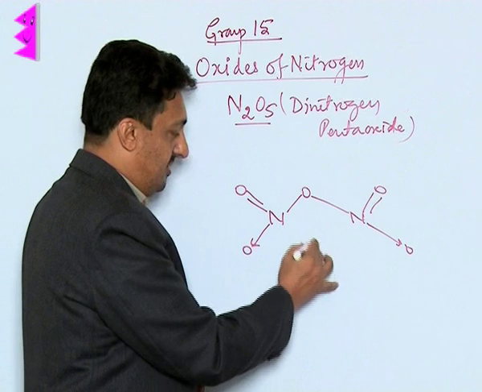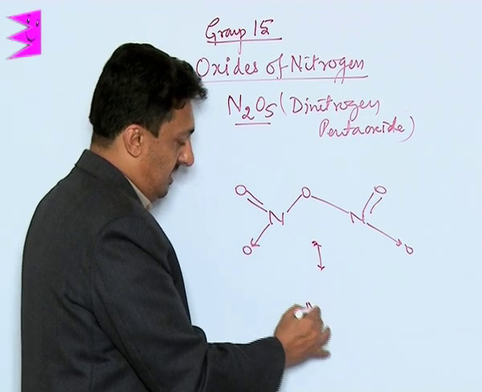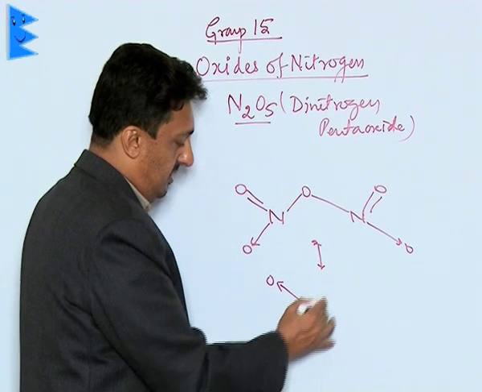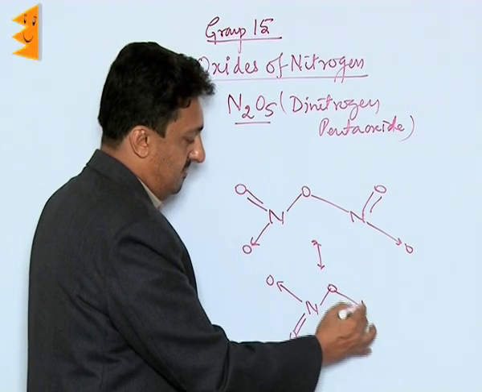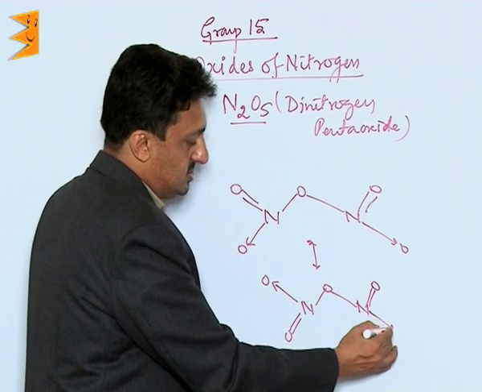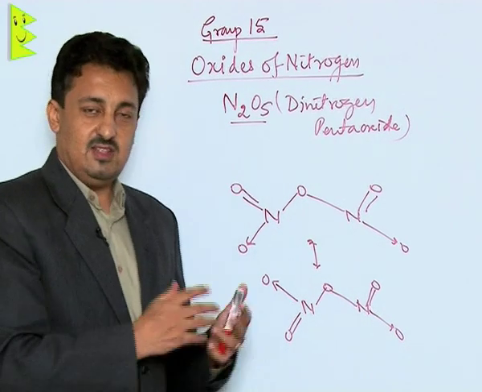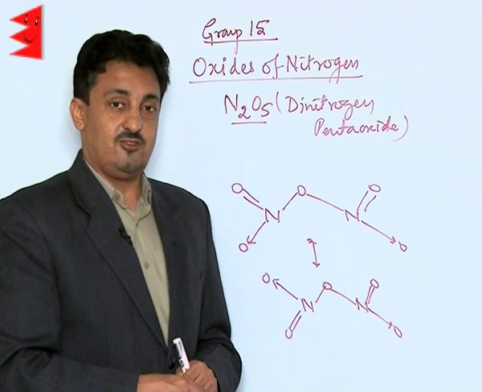Now we can have resonance in this molecule like this. We can have a single bond here, a double bond here, and the rest being the same. So this is how it can show the resonance. So this is what N2O5 is, and these all are your six nitrogen oxides.